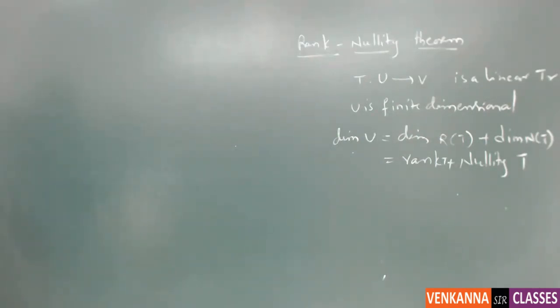If T is a linear transformation from U to V and U is finite dimensional, then dimension of the domain is equal to rank of the transformation plus nullity of the transformation. That was the statement. So please take a note of that.